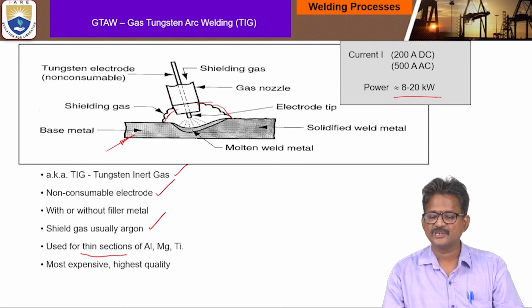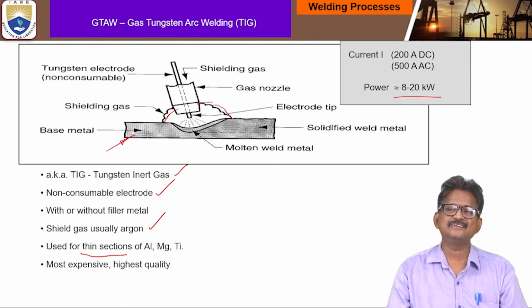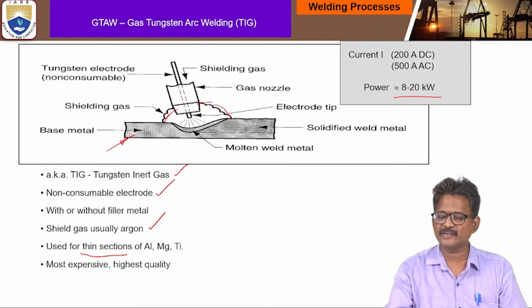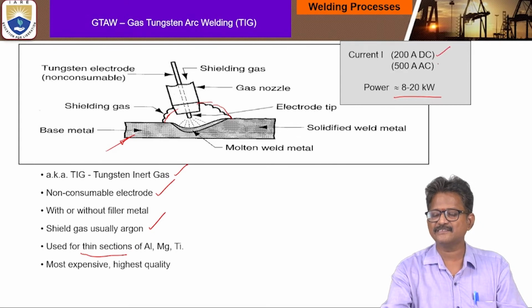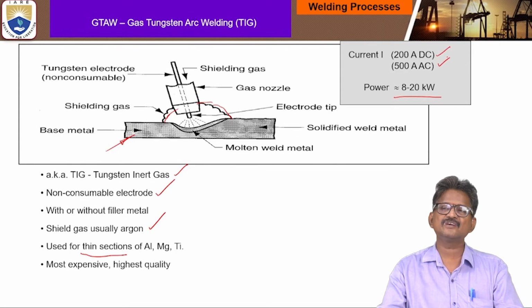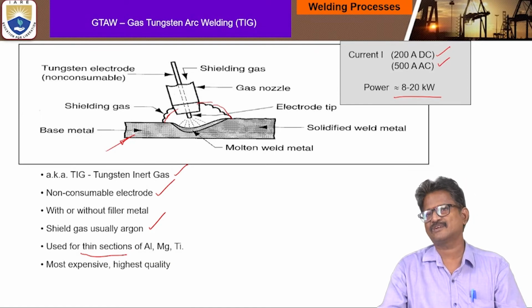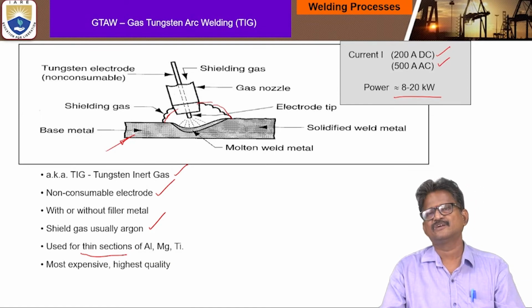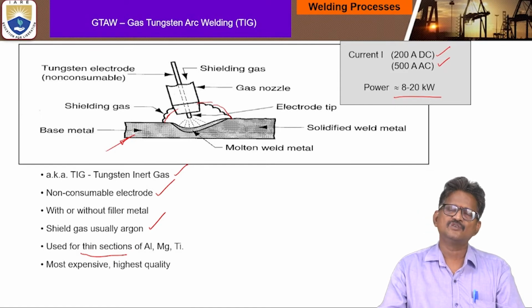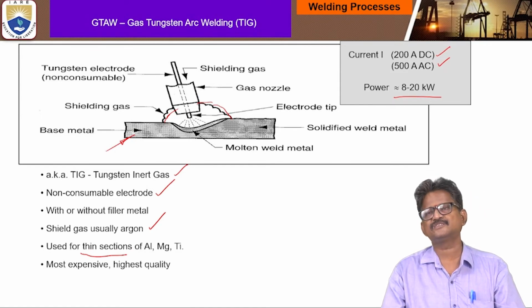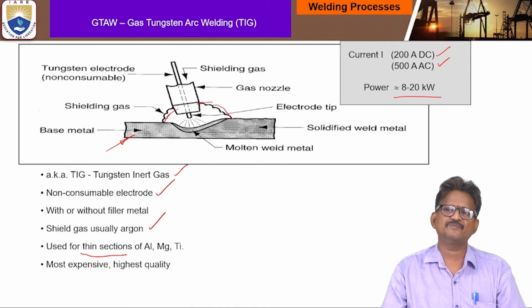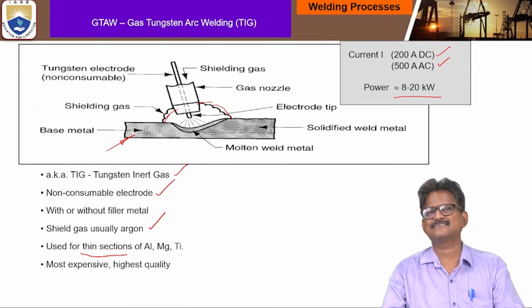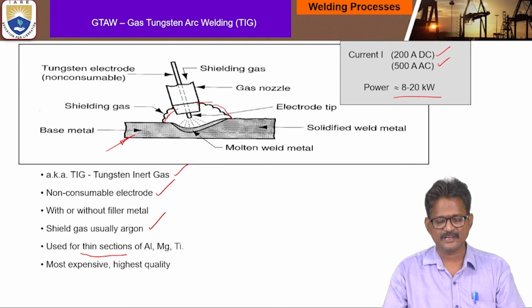The current for DC is approximately 200 amperes, and for AC it is 500 amperes. 500 is industrial power. At household we use 230 or 250 volts, whereas in industry it is three phase 415 or 430 volts, with approximately 500 amperes used for gas tungsten inert gas welding.